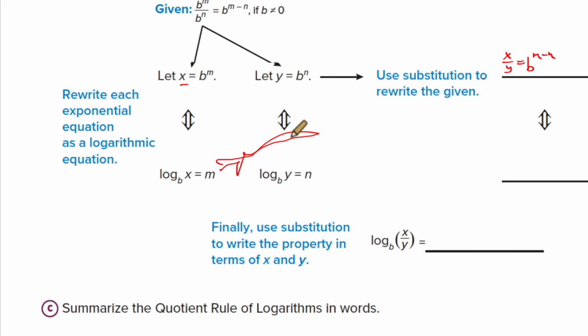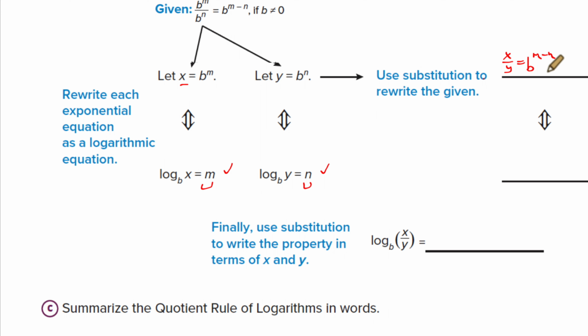I was going to put a little check mark. Same thing for y equals b to the n, so log base b of y, and the exponent always equals n. So now we have these two equations that we set up where we have m and n equal to each one of those. But I'm going to substitute right now. What is m and what is n equal to?